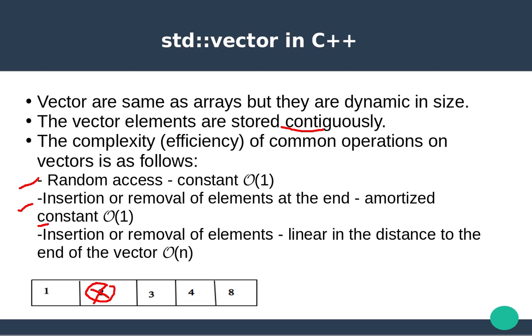So all the elements 3, 4, and 8 will be shifted back, and this will take linear time. This is why the time complexity of insertion or removal of elements not at the end is big O of n.